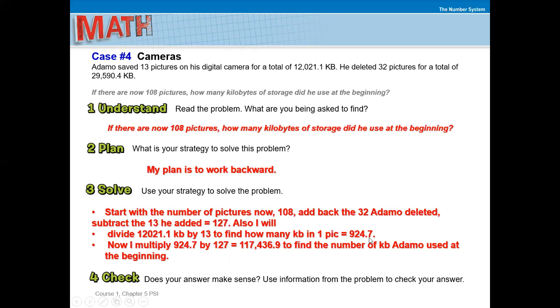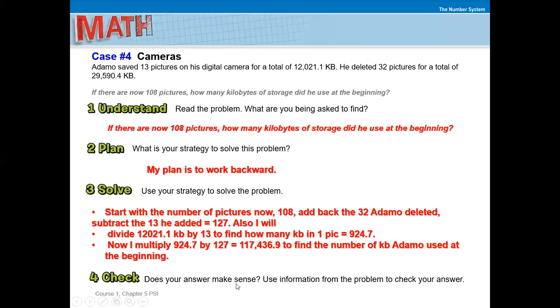After doing this, I find out that there are 924 7/10 kilobytes per picture. Now I multiply 924 7/10 by 127 because there are 127 pictures, and I get a final answer of 117,436 9/10 to find the number of kilobytes Adamo used at the beginning.